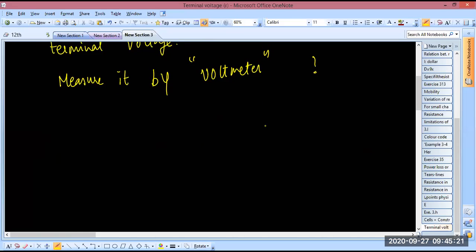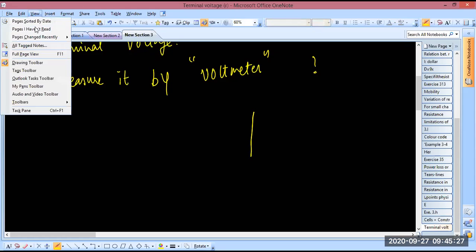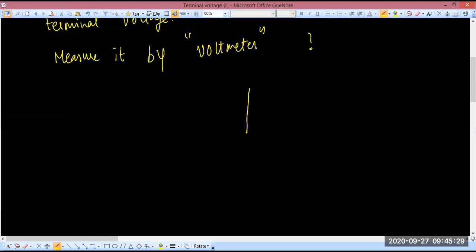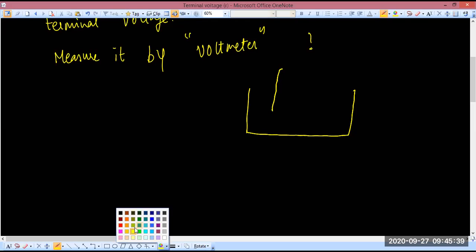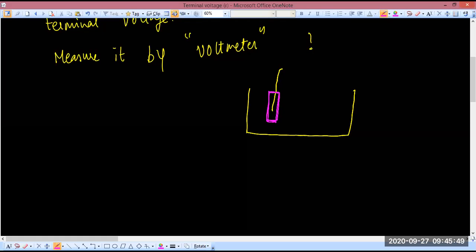I'm absolutely sure you know that a cell has two terminals or two electrodes, right? Typically these electrodes are made of metals, but sometimes they're also made of graphite or platinum, such different materials.